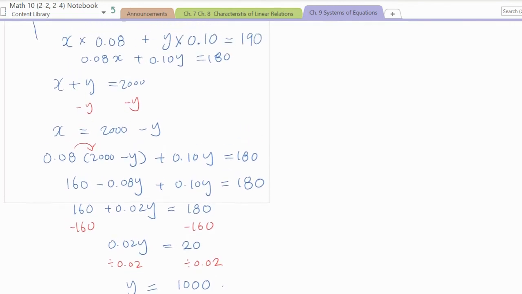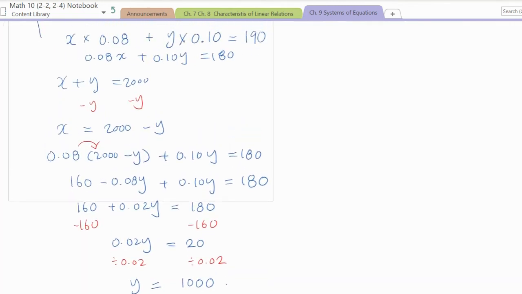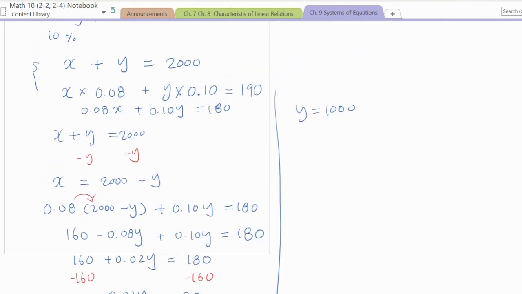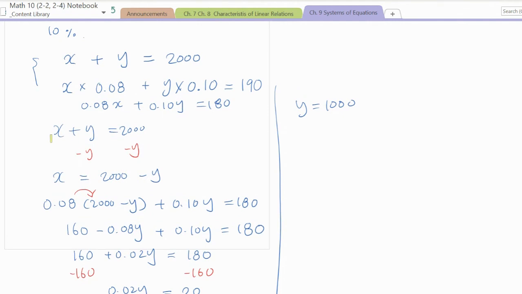Now, if y equals 1,000, we should find x. Here, x plus y equals 2,000. Then what is x? You will have x equals 2,000 minus y.